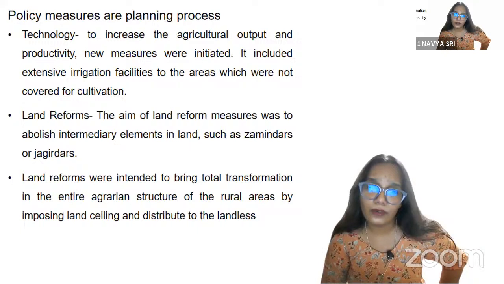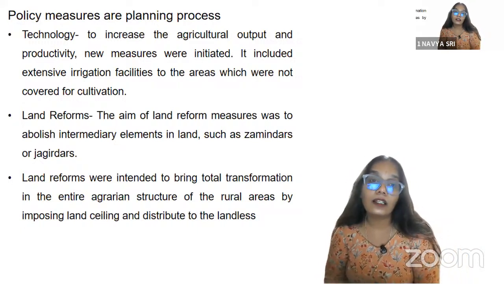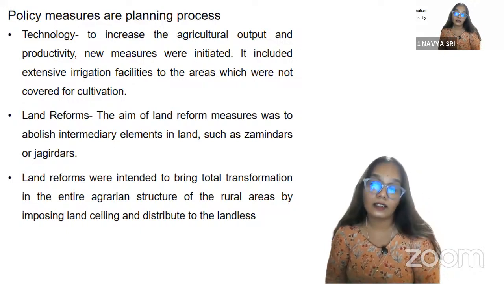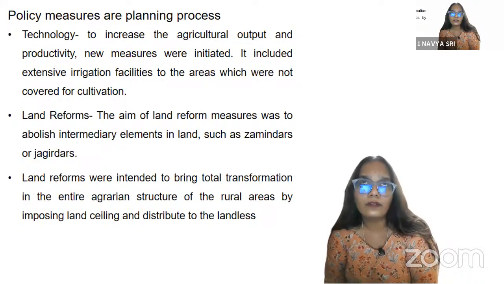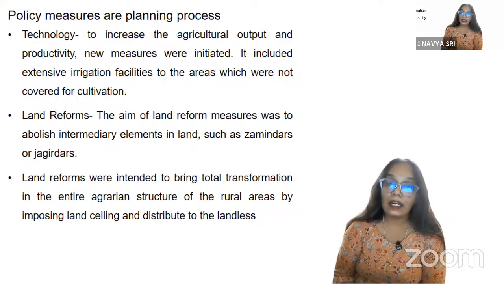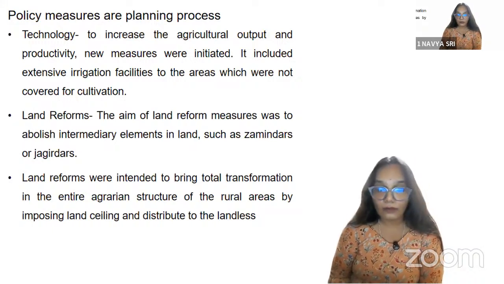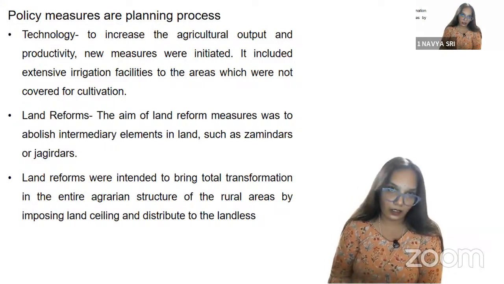The amount of effort they were putting in and the yield they were getting was not tallying, because of the accumulation of land by these zamindars who grabbed land through power or through force over a period of time. So these land regulation acts or land reforms led to the abolition of the zamindari system or jagirdars.